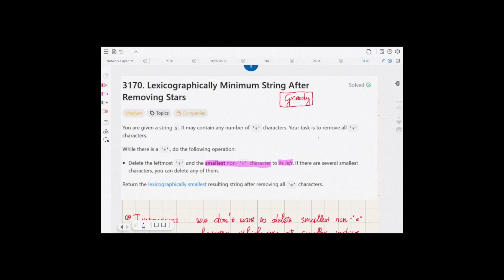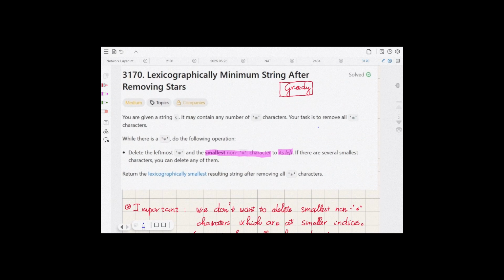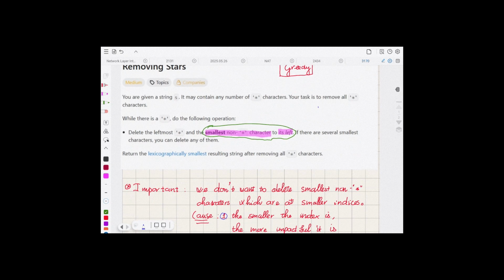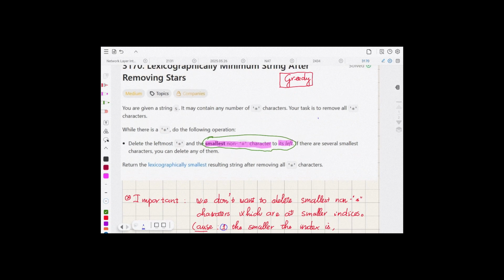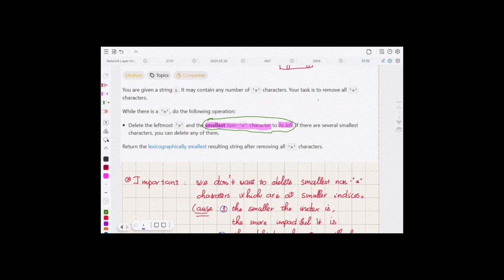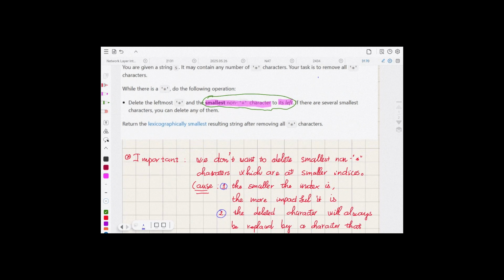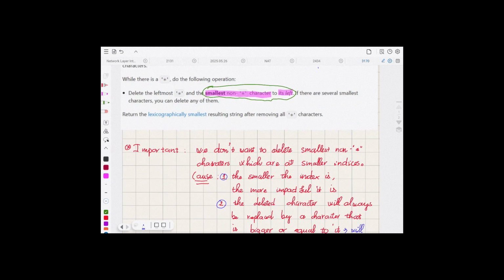We need to pay close attention to the phrase "the smallest non-star character to its left". We always remove the smallest non-star character. So this problem can be solved by a greedy approach.